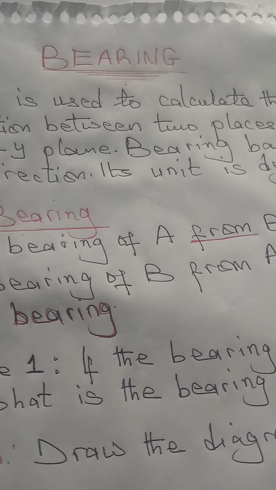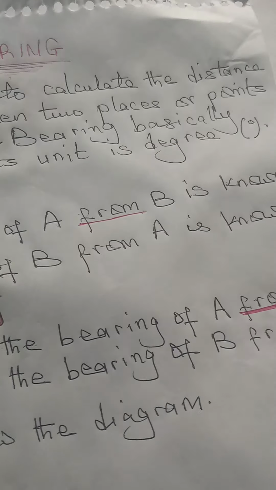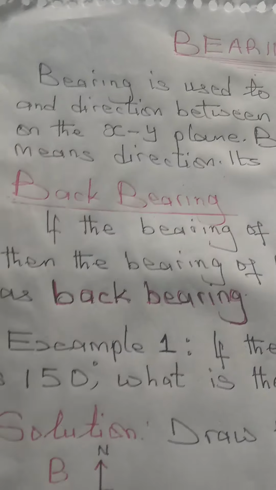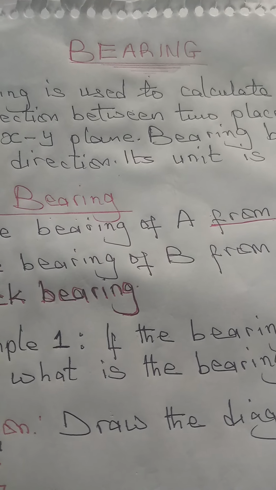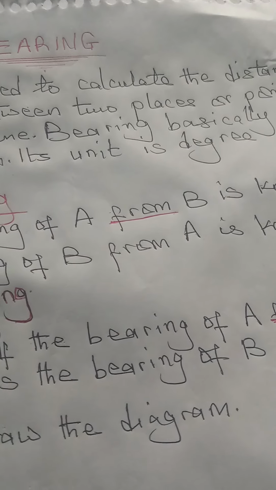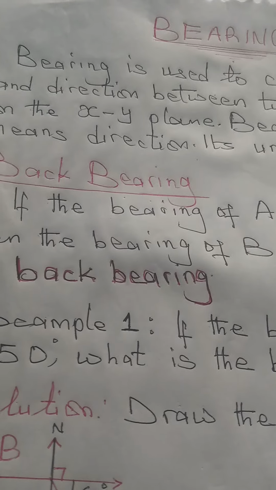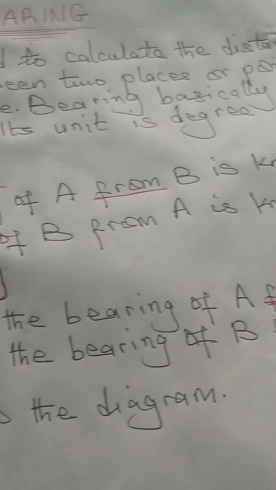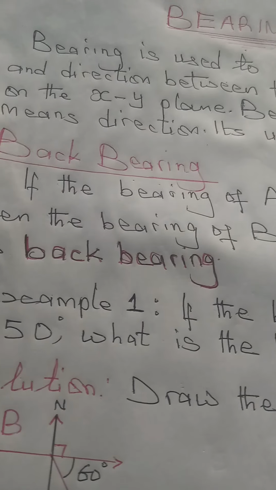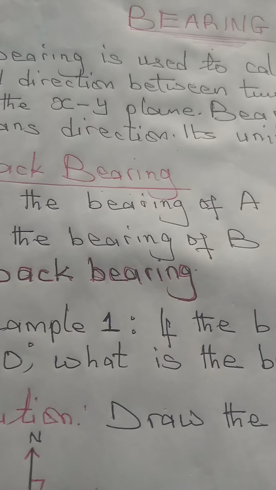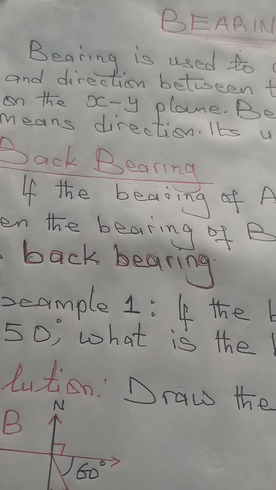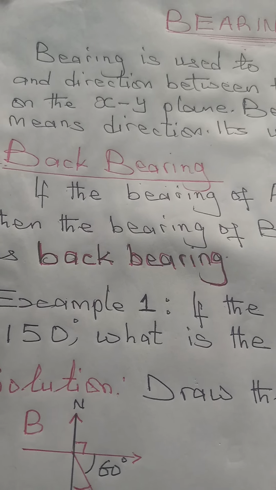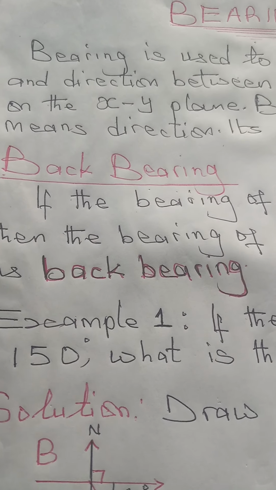Bearing is used to calculate the distance and direction between two places or points on the XY plane. Bearing basically deals with direction. It actually means direction. For instance, if you are asked to calculate the bearing, you are actually going to calculate angle.